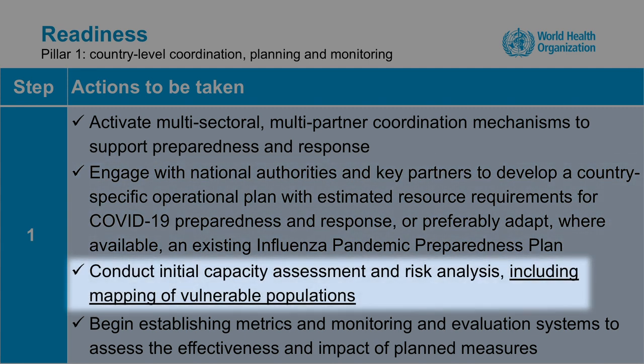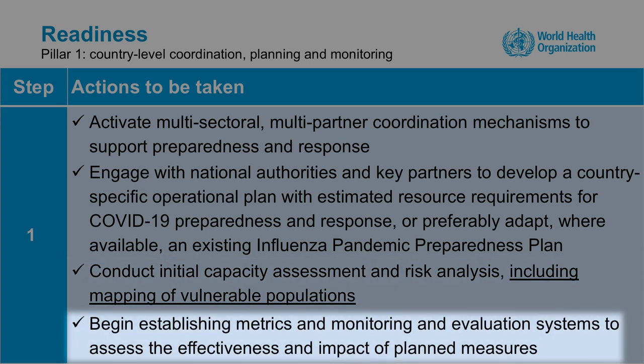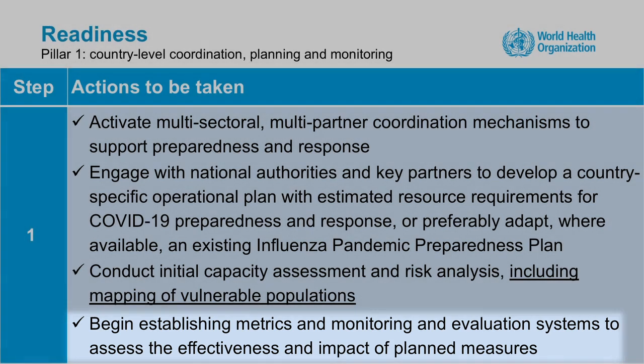This is also when you should be conducting initial capacity assessments and risk analysis, including mapping of vulnerable populations. You should also be beginning to establish metrics and monitoring as part of the evaluation systems that will assess the effectiveness and impact of these plan measures.